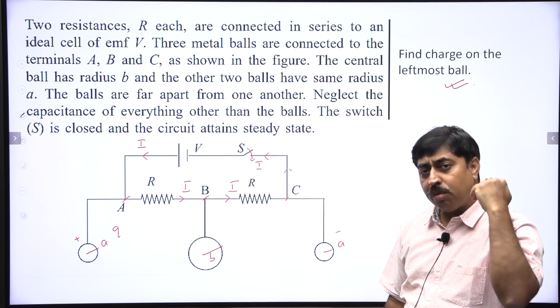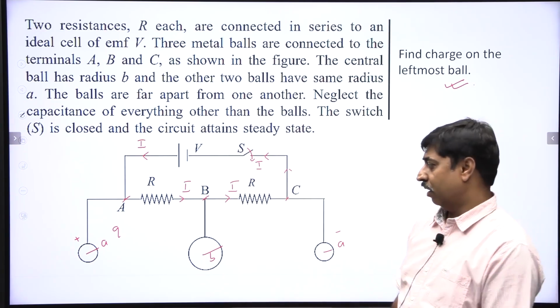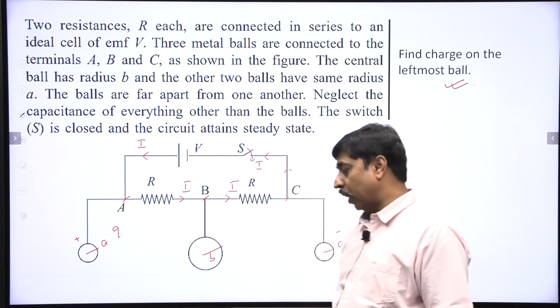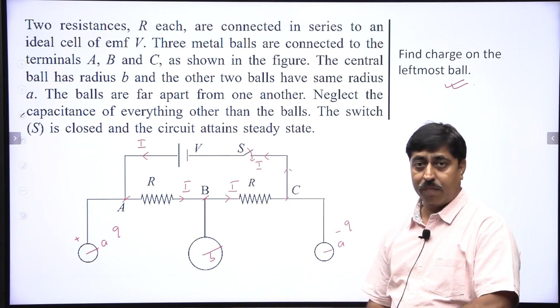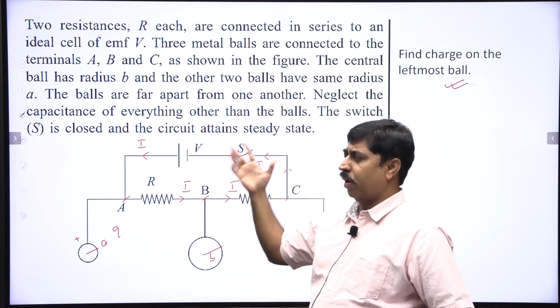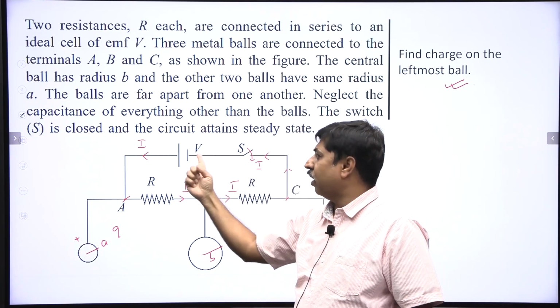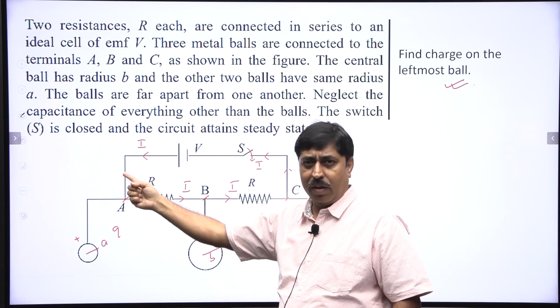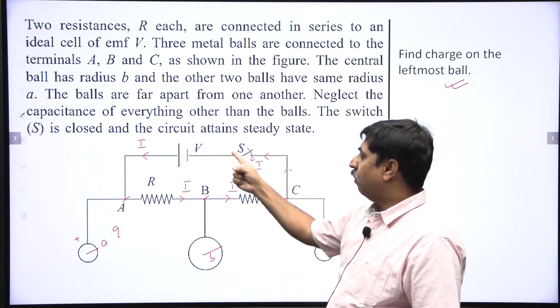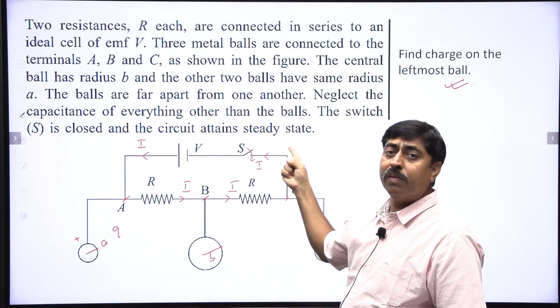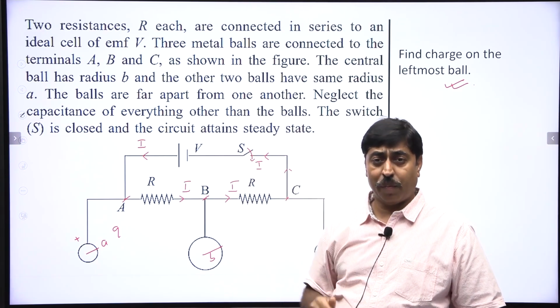Now, again it is commonsensical to think that if this ball is having plus Q charge on it, this ball will have minus Q charge on it, because if I think of it like this, that some charge q moves out of the battery from the positive terminal, at the same time minus q charge moves out of the cell from its negative terminal.